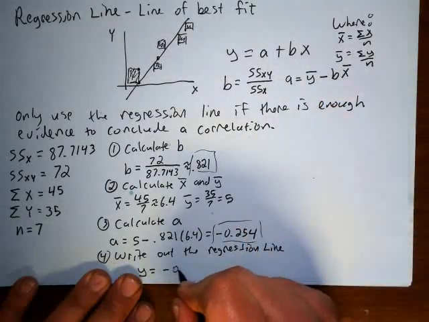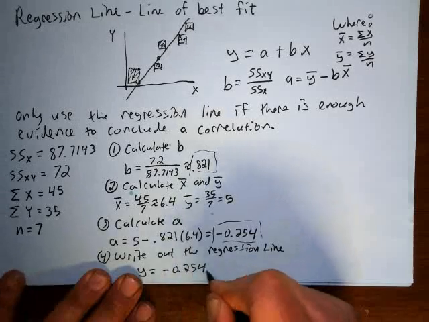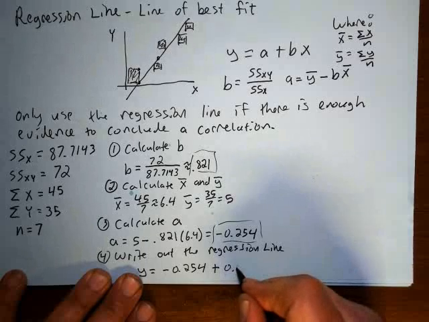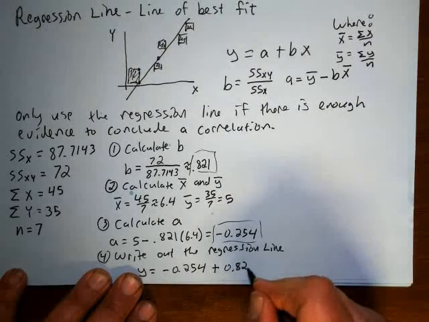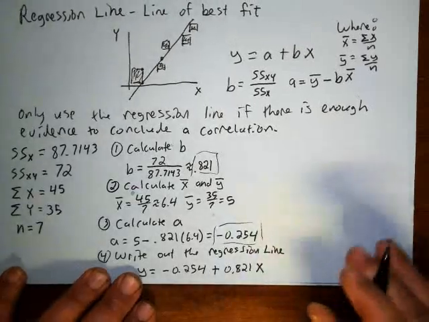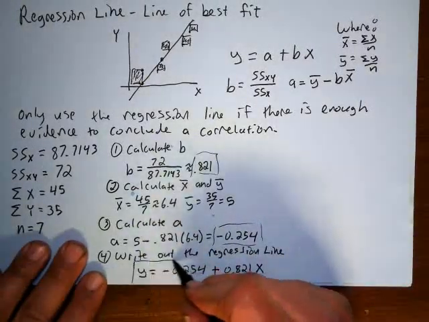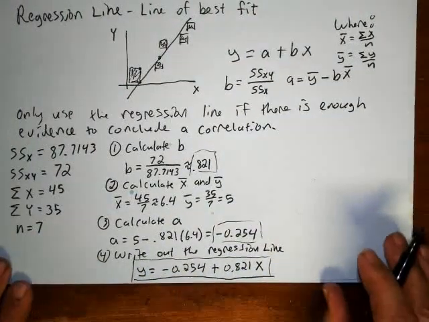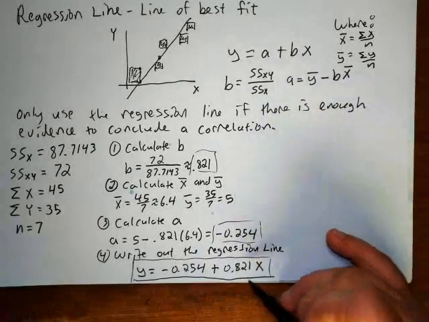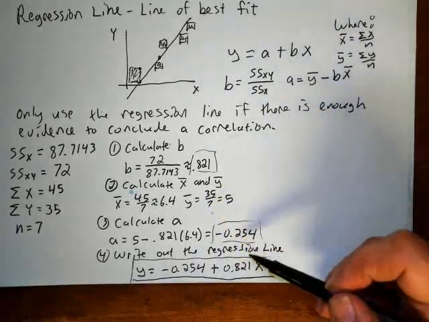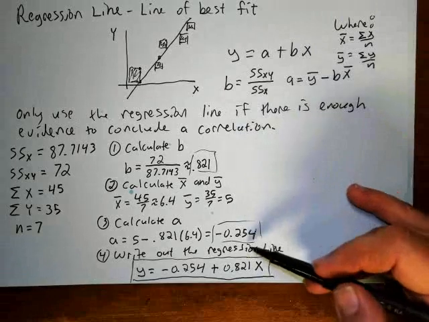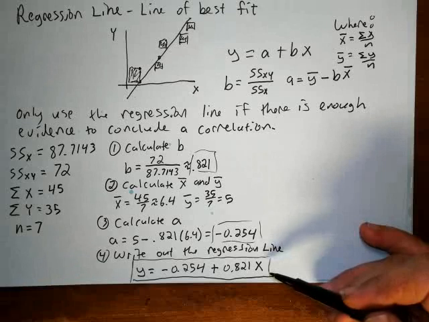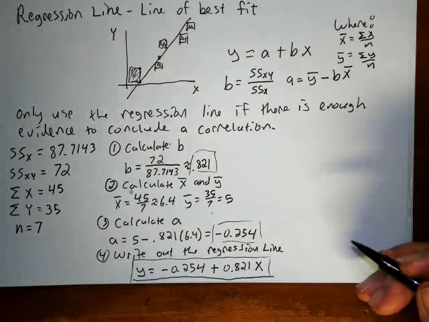So I get negative 0.254 plus 0.821 times x. And this is my final answer. This is the regression line. So we use these two formulas to calculate the regression line. These 4 steps, I think, help carry you through the process so that you actually end up with the equation of a line. I encourage you to use those 4 steps.